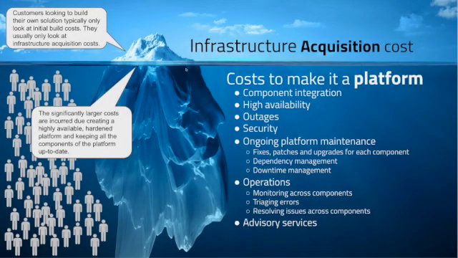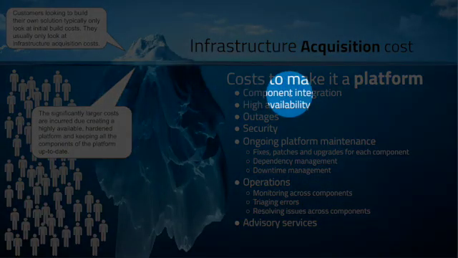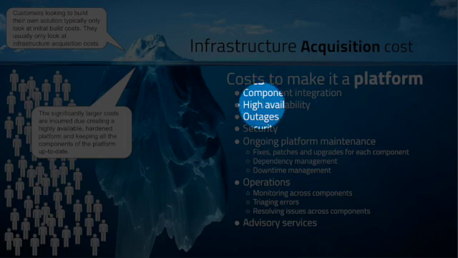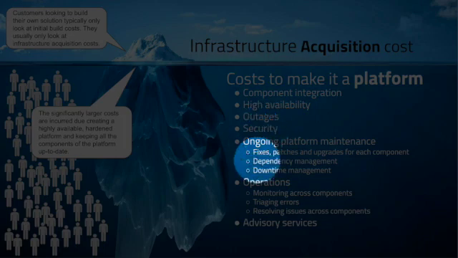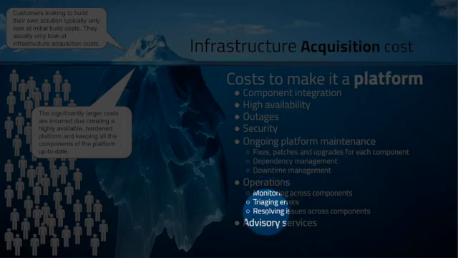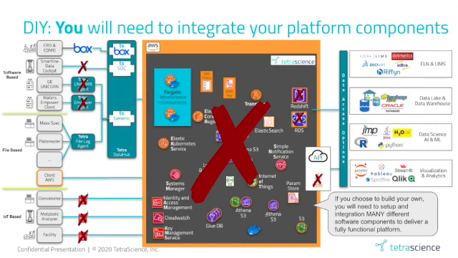And the cost to make it a platform, the integration cost to tie all these components together and make sure that the different versions work together, to make it highly available, to handle outages, to make sure we've got the right security profiles set up, and the maintenance of the platform, as we talked about. Who's going to support the operations of this? And then who is going to advise my team on the best way to implement this, because there's a lot of stuff.